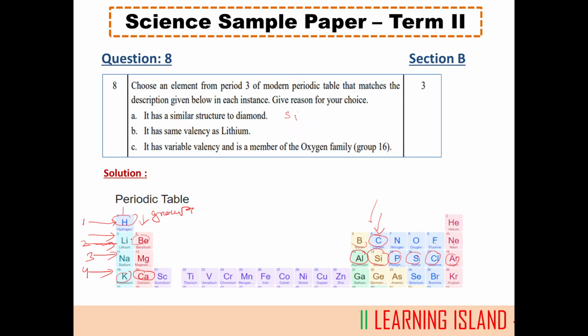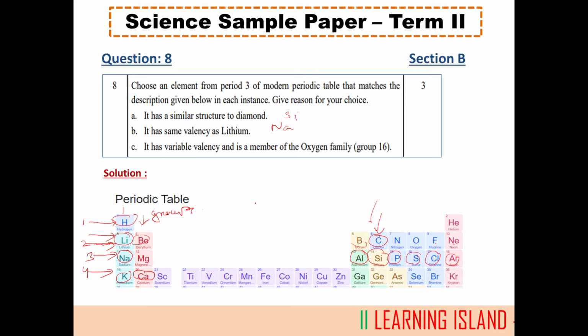Here you see, this is lithium. We know all the elements present in the same group have the same valency. So here the answer will be sodium, because it is present in the third period and in the first group, so it has the same valency as lithium. So this answer is sodium.